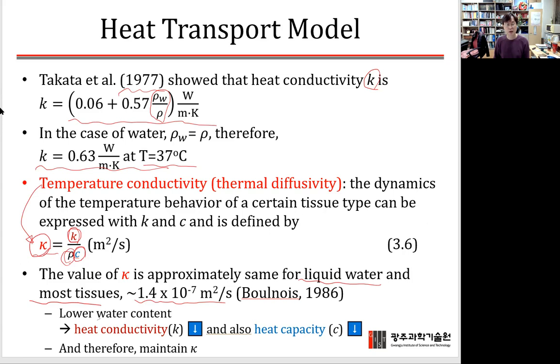So when the water content becomes low, the heat conductivity value goes down, and at the same time the heat capacity also goes down. Since the numerator and denominator both go down, the kappa value shows about the same number regardless of the change in water content in the tissue.